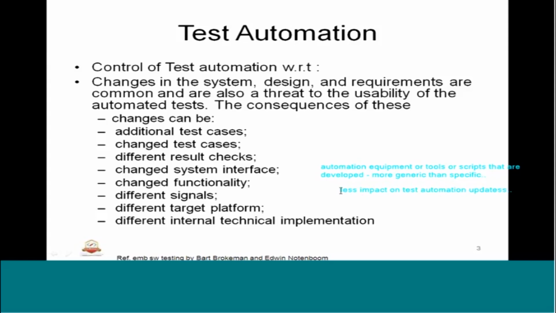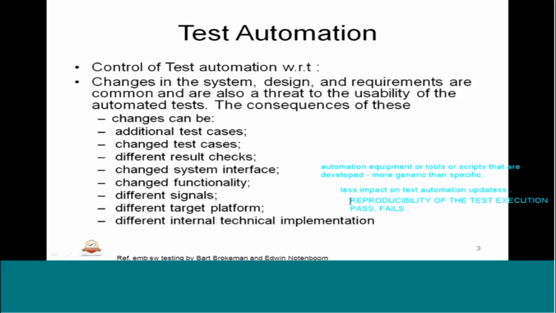So the chance of injecting error by the user is very less, and several times that test can be reproducible. So this is also very important: reproducibility of the test execution, pass, fails, etc. is easier with the help of test automation.